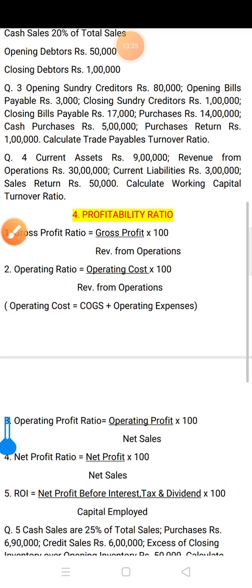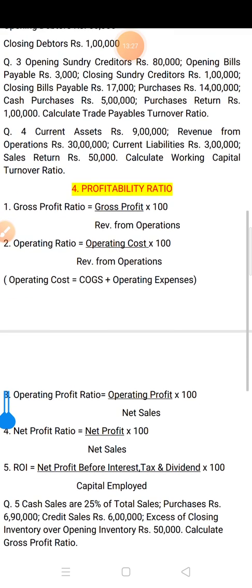Now next is current asset rupees 9 lakh, revenue from operation rupees 30 lakh, current liability rupees 3 lakh, sales return rupees 50,000, and you have to calculate the working capital turnover ratio. Now working capital turnover ratio formula is revenue from operation upon working capital.